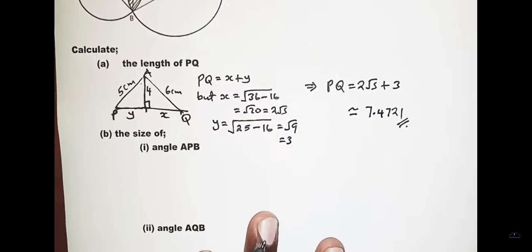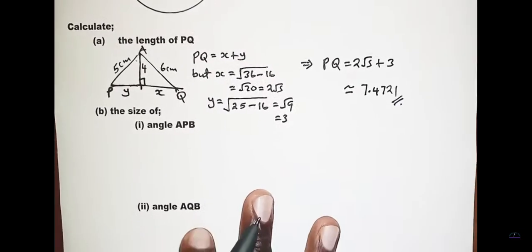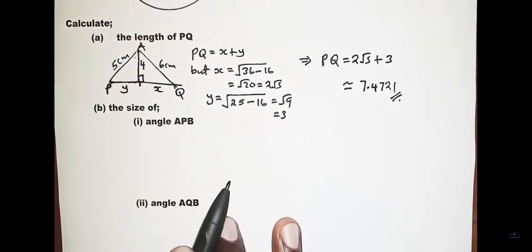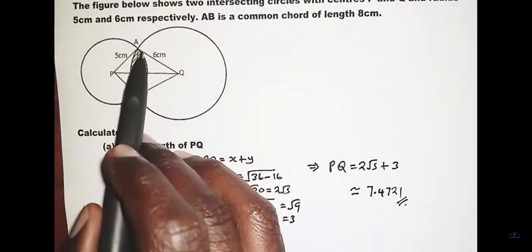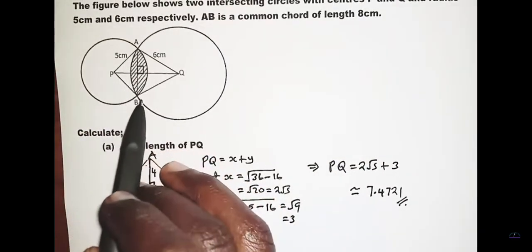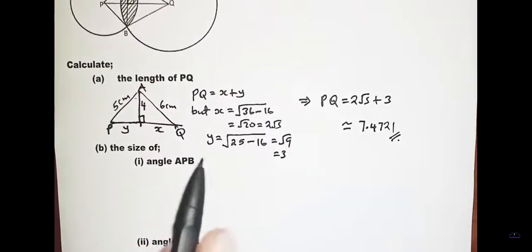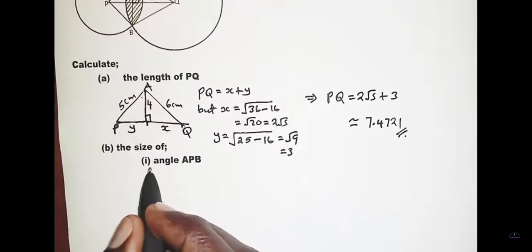Next, for part B, the size of angle APB. So first of all, we are going to extract this triangle APB as follows. So we have the triangle right here.